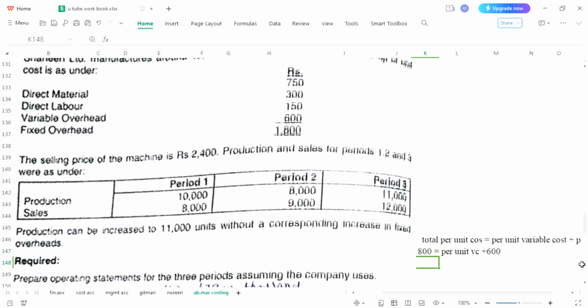Okay, now we want to calculate further. 600 is being added over here, you want to take it to the left side. 1800 is already present on left side, and when you take this 600 to the opposite side, it would be subtracted, and what would be left on right side? Per unit variable cost. 1800 minus 600, it means 1200 would be considered as per unit variable cost.